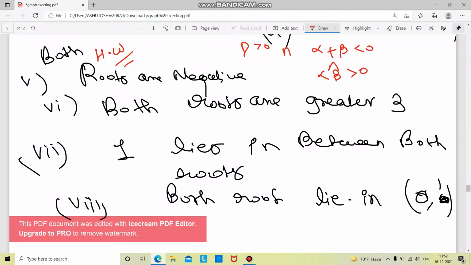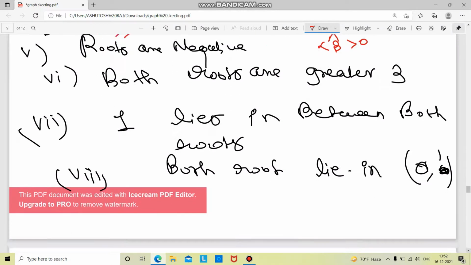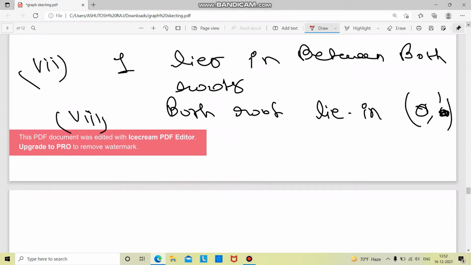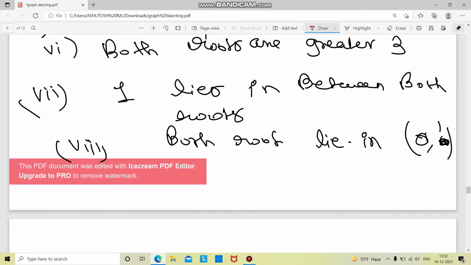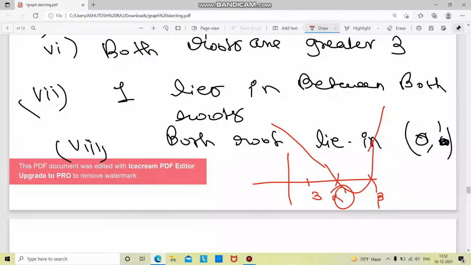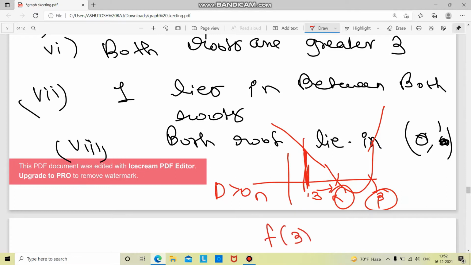And we will solve the 6th, 7th and 8th questions here on. Sixth question is both roots are greater than 3. So we will draw the graph something like this. Here is alpha and there is beta. And both the roots we can see in this graph are greater than 3. So we will write some of the conditions. First we have to write D greater than 0. Intersection, we have to take f of 3 should be greater than 0, as we can see from the graph.